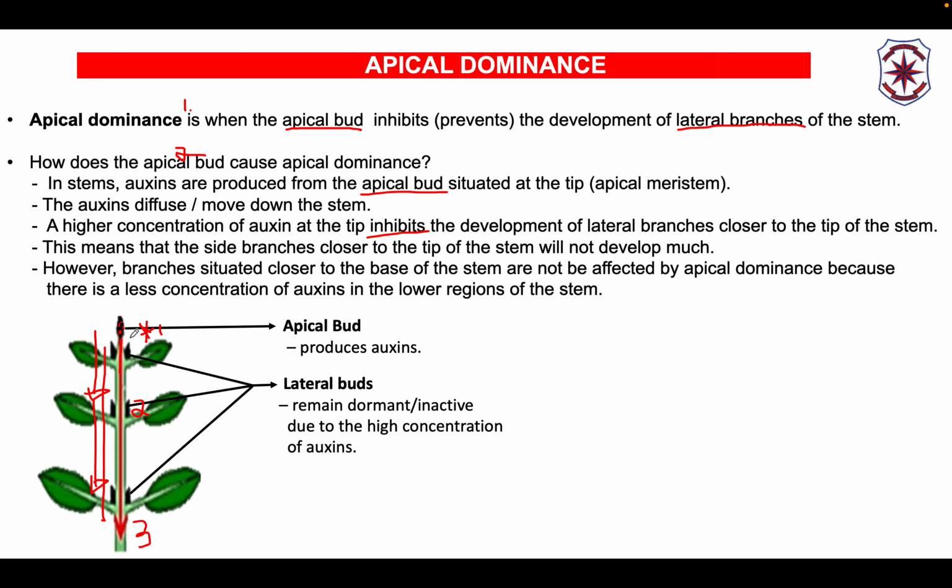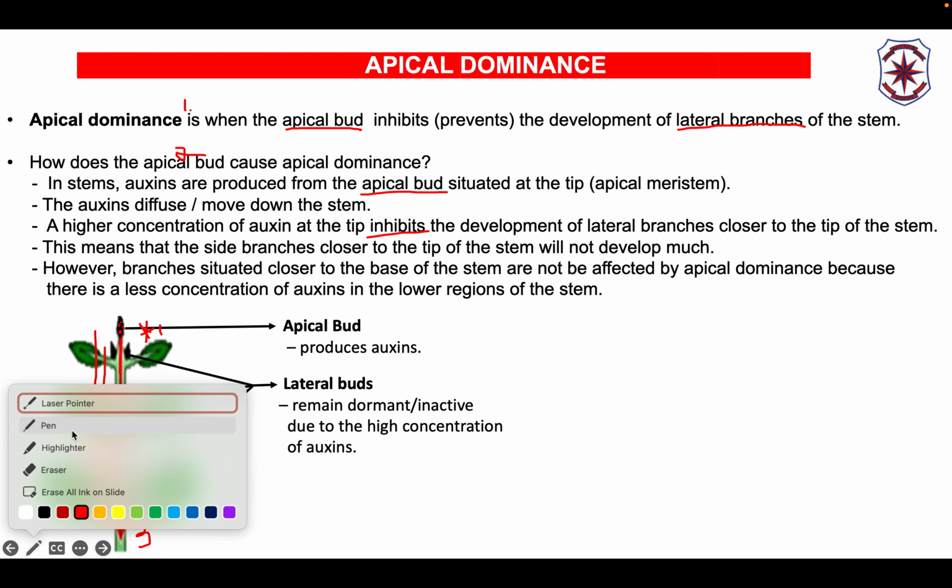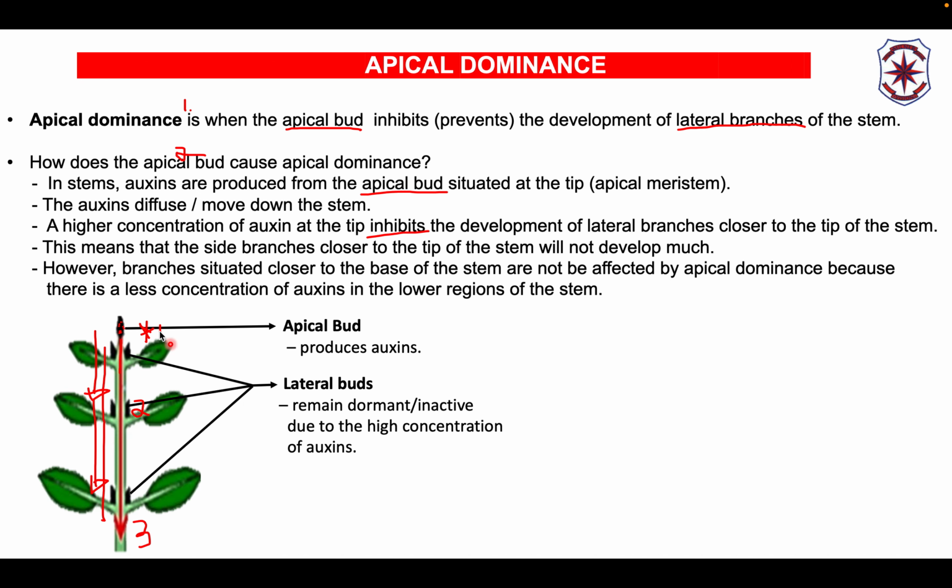Because auxins are produced there in region 1, that region will have the greatest concentration of auxins, and the auxins move down the stem. So the further down the stem we go, the less auxins we have.